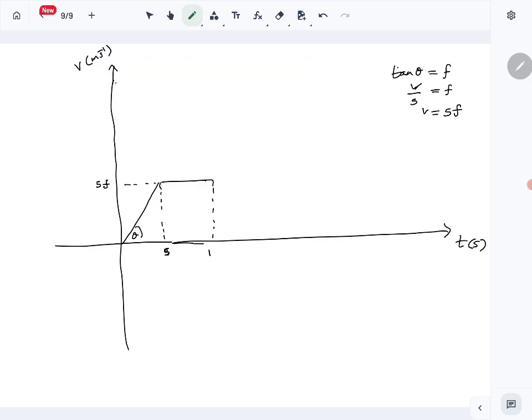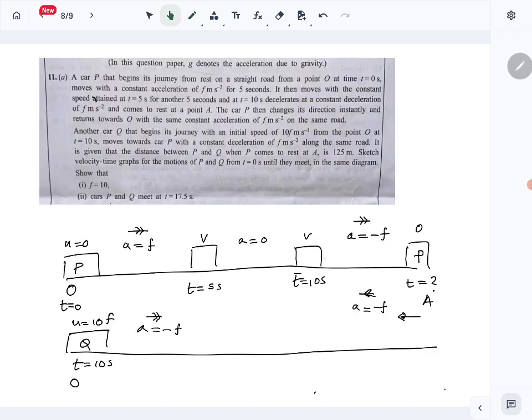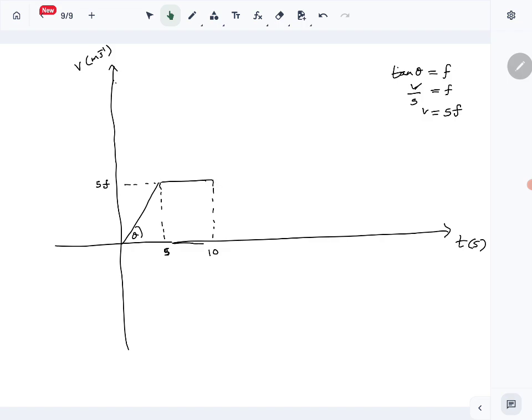Right after that, it will decelerate with the acceleration minus f. So that is point A. At point A, velocity becomes again 0, and this angle is also theta, because acceleration and deceleration both are f.